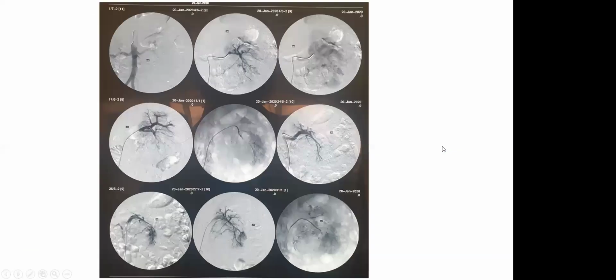So by the time she came to us, she was having active bleeding, her HB was going down, and she was receiving multiple transfusions. And here in the first image, you can see a catheter coming into the aorta, and we are able to give contrast and outline the renal vessels.